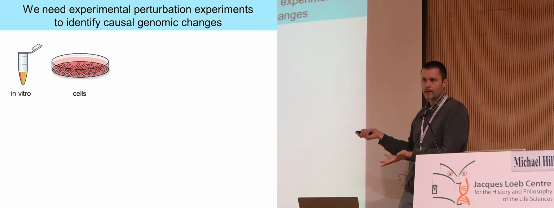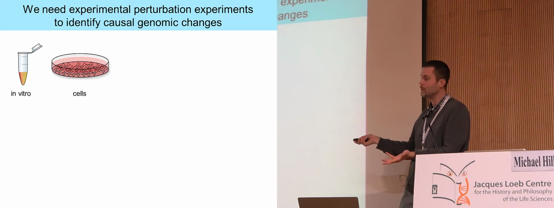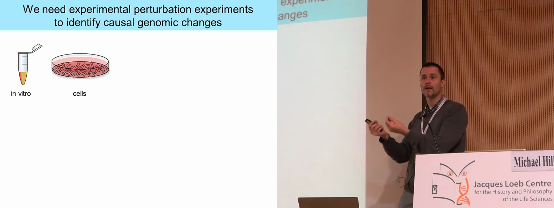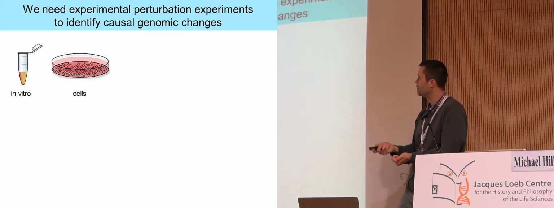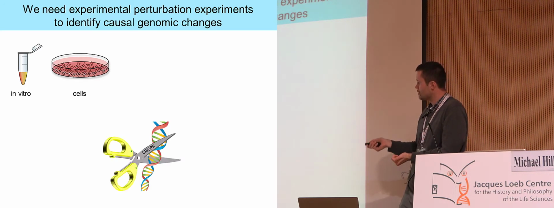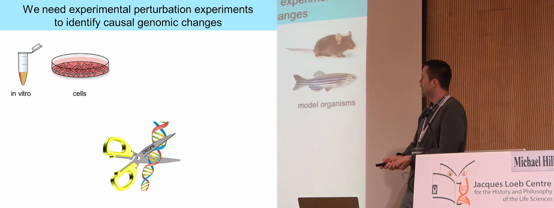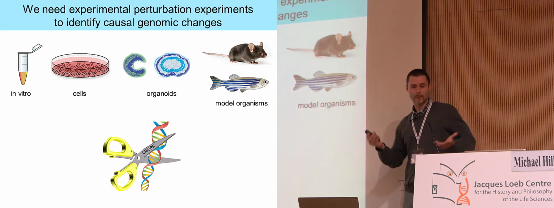And there are many ways you can do this. Protein function can sometimes be tested in vitro. You can manipulate cells in a dish if you have a trait that you can assay on the cellular level. And of course here technologies like CRISPR-Cas9 are very helpful to introduce the respective genomic change. You can work on model organisms, but there we're very limited.